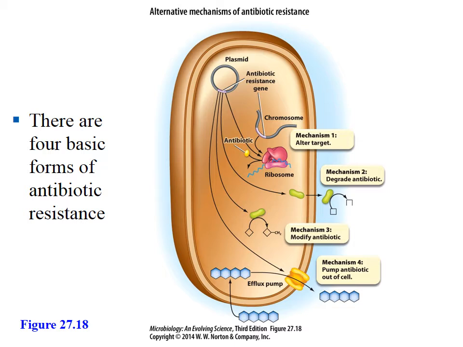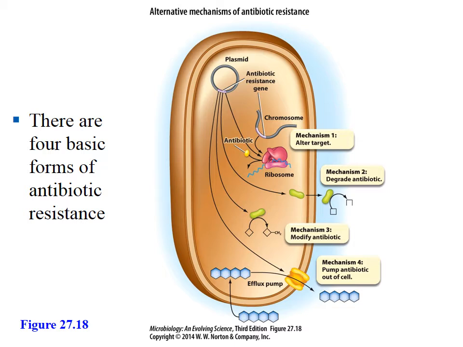They cleave the beta-lactam ring found on penicillins and cephalosporins, and when they cleave that ring, the penicillin or cephalosporin is no longer able to function. It's not able to inhibit cell wall synthesis or repair.